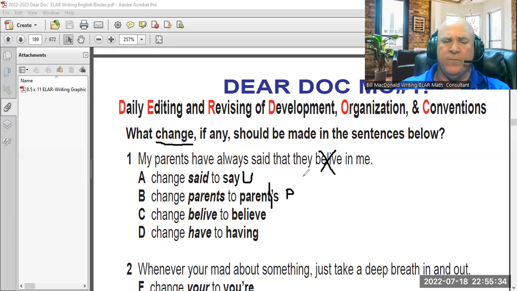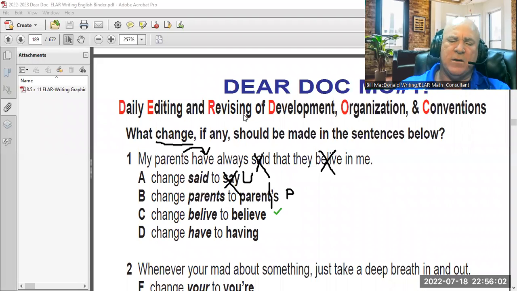I already know. My parents have always say, no, I think that that is wrong the way it is. The parents, I have to own the next word. My parents can't own a have, so you don't use singular possessive. So the believe to believe so far seems to be the right answer.